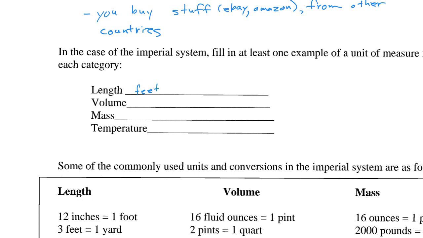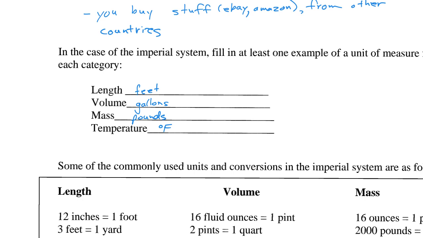For volume, I tend to recognize the gallon, because that's usually what we're talking about when we're looking for a gallon of milk or a couple gallons of gas to get to work. For mass, you've heard of this one, pounds. And for temperature, we have degrees Fahrenheit. Let's just put degrees F for Fahrenheit.